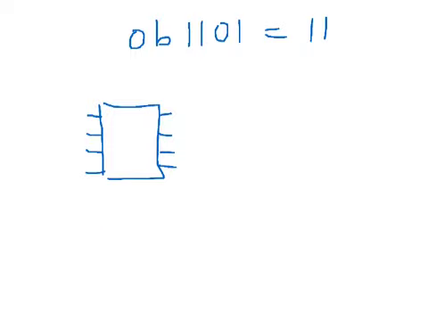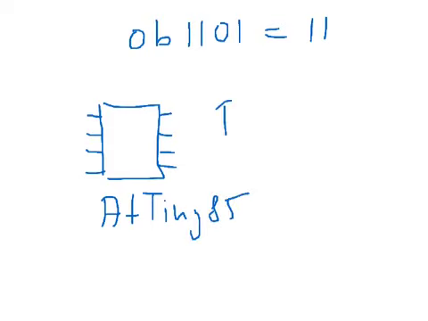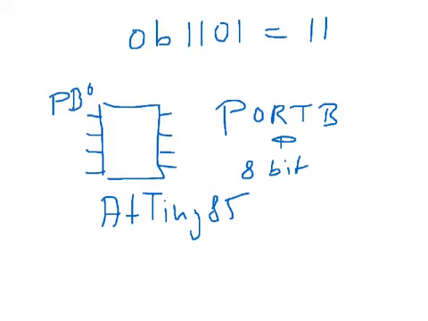In the ATtiny that you're using, there's only one port, which is port B. Port B is an 8-bit variable, so it can carry 256 different values, and it associates each of its bits with one of its pins. So you have PB0, which is the first pin, then you have PB1, which is the second pin, and so on.